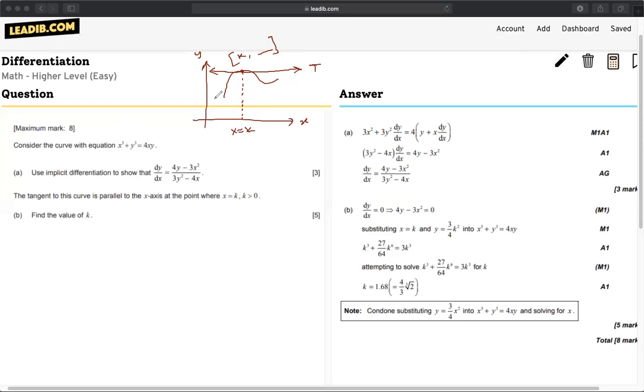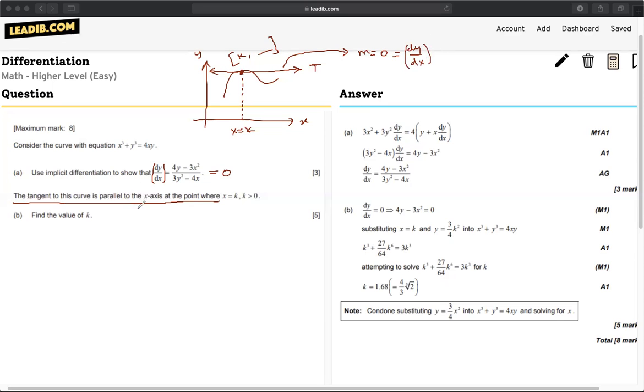Now, we know that if this tangent is horizontal, the slope of this tangent is going to be zero. The m is zero. And the slope of a tangent of a curve is nothing but dy by dx. So with that logic, we already have the value of dy by dx. We just have to equate this to zero as per this condition. Because the tangent is parallel to the x-axis, it is horizontal, and because it is horizontal, the slope is zero, and that means dy by dx is to be equated to zero.